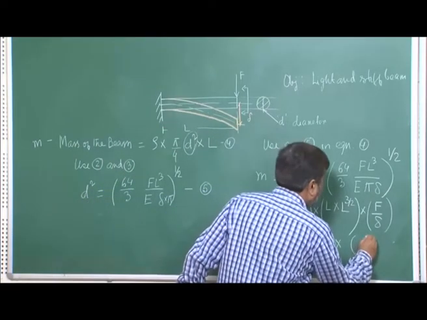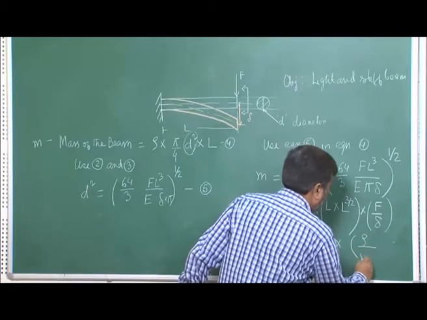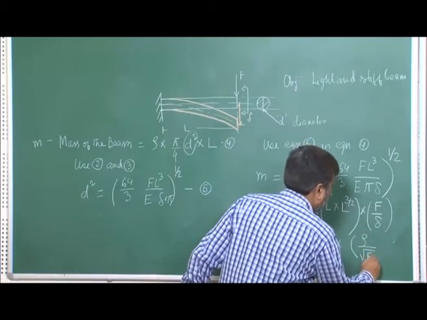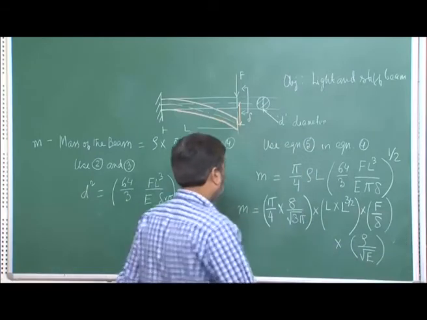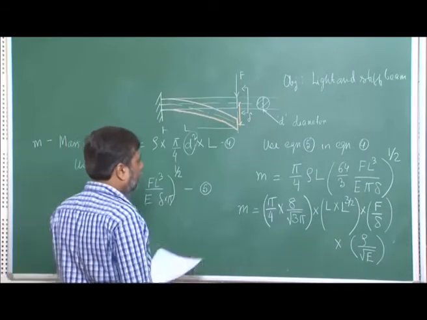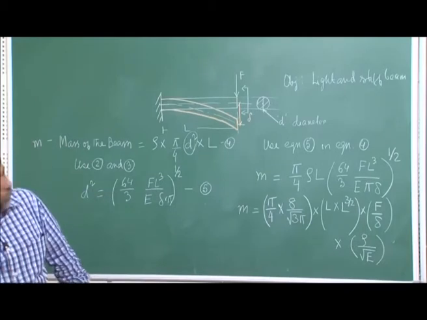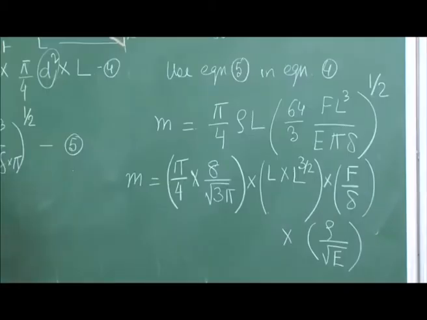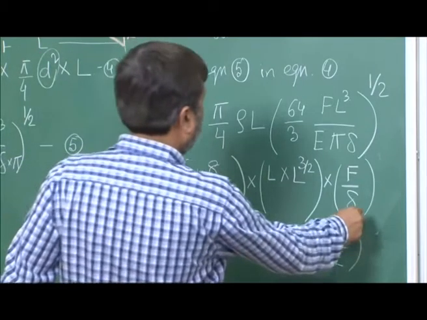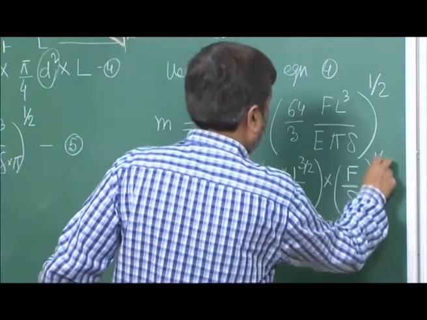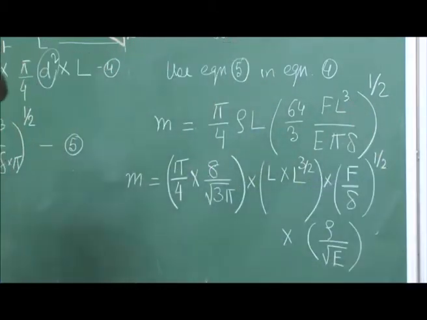And what is it? Rho over square root of E. Once again, let us look at it term by term. F by delta to the power 1 by 3, and F by delta we have, and we have a half here, right.